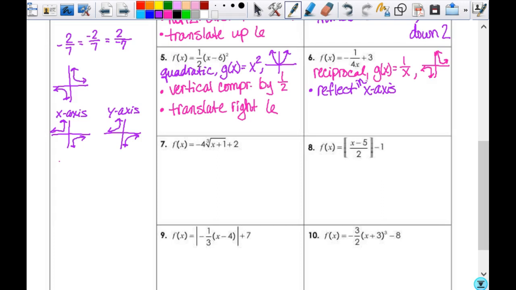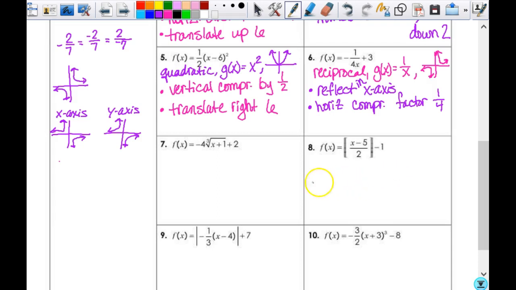All right. So then, let's look at that 4. That 4 is directly affecting what? X. So we would say that it is a horizontal what? Compression, and the factor would be what? 1/4.